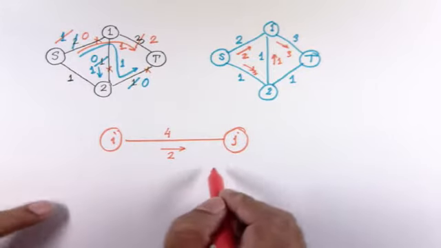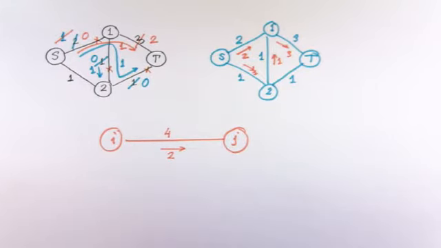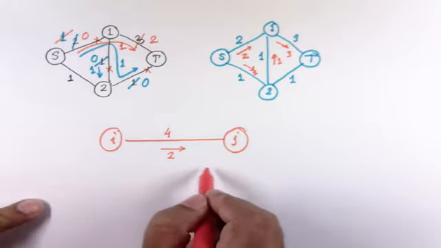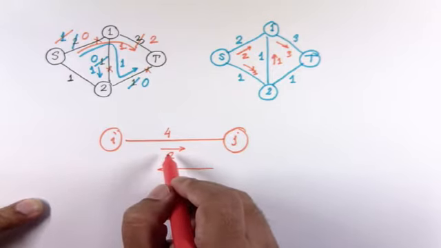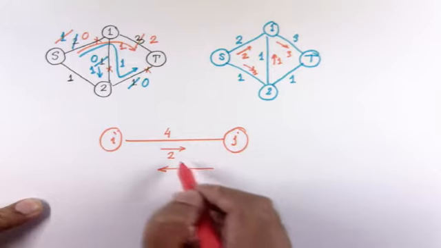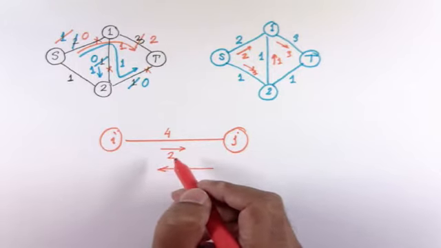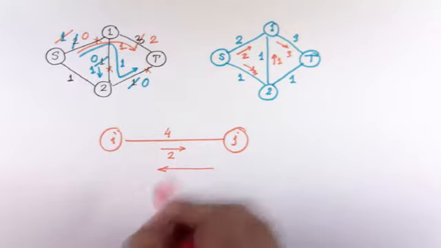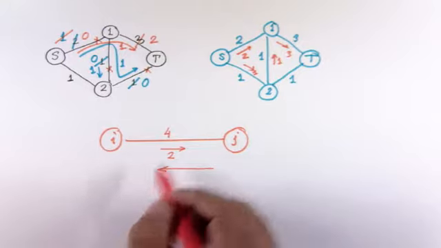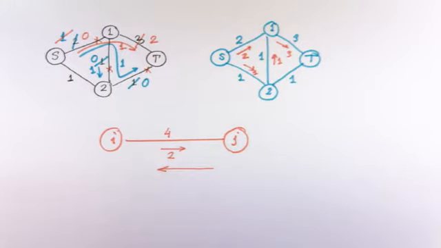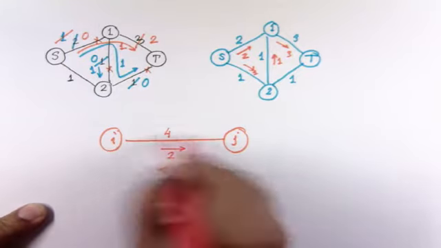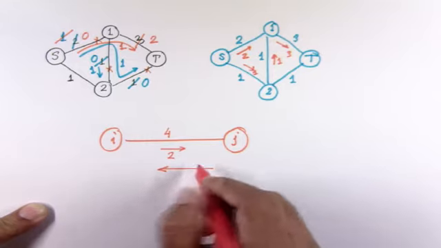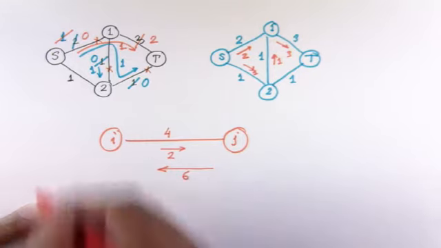But suppose I want to push flow from J to I. Now, you see that I can actually reverse this 2 units of flow, and when I reverse this 2 units, the pipe will become empty. And then if I push another 4 units, I can do that because this capacity is 4. So, I can reverse this 2 plus push this 4, so I have residual capacity of 6 in this direction.